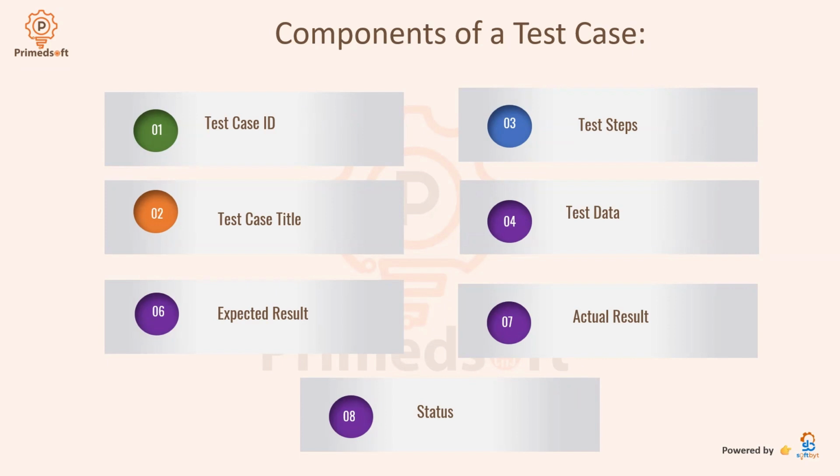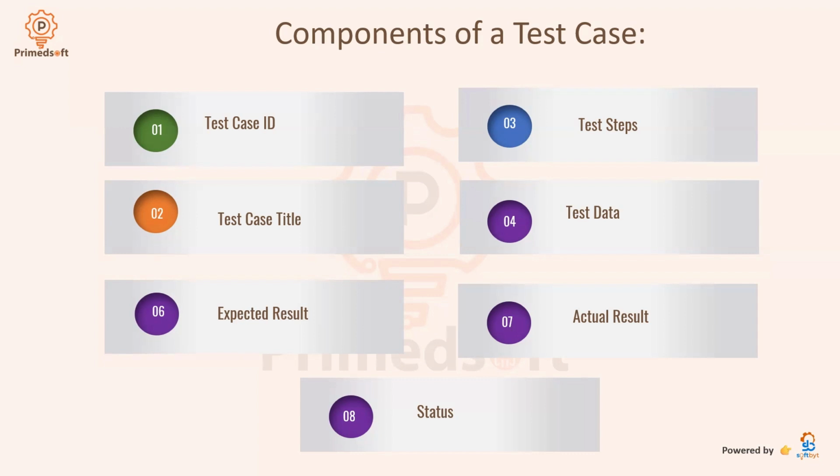Okay, so next we'll have expected results. I've talked about expected result and actual result in our previous class. Expected result is the anticipated outcome or behavior of a system, a functionality, or a component after the test steps are executed. So when you are executing a test, you already know what your expected result is.